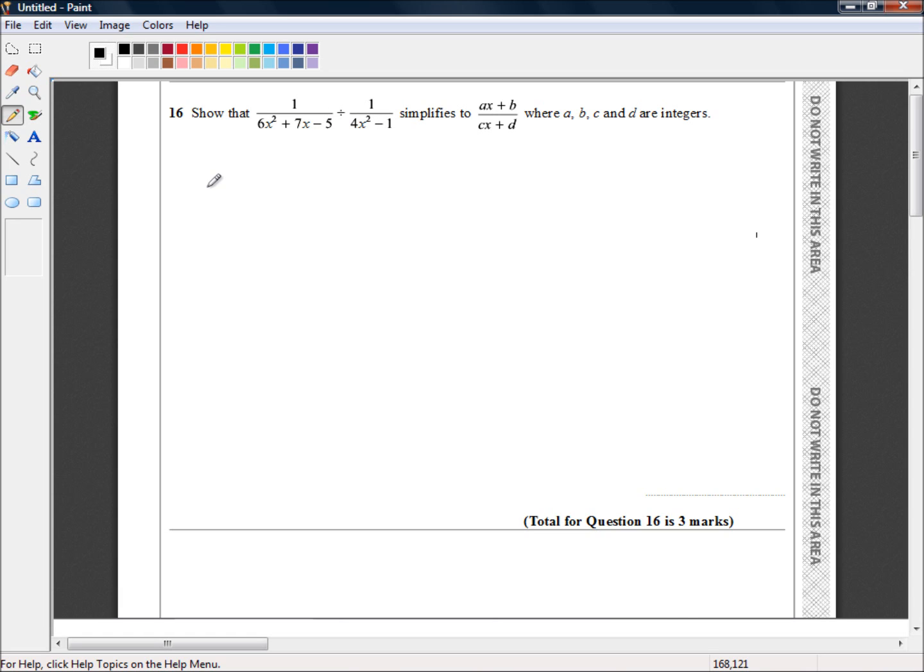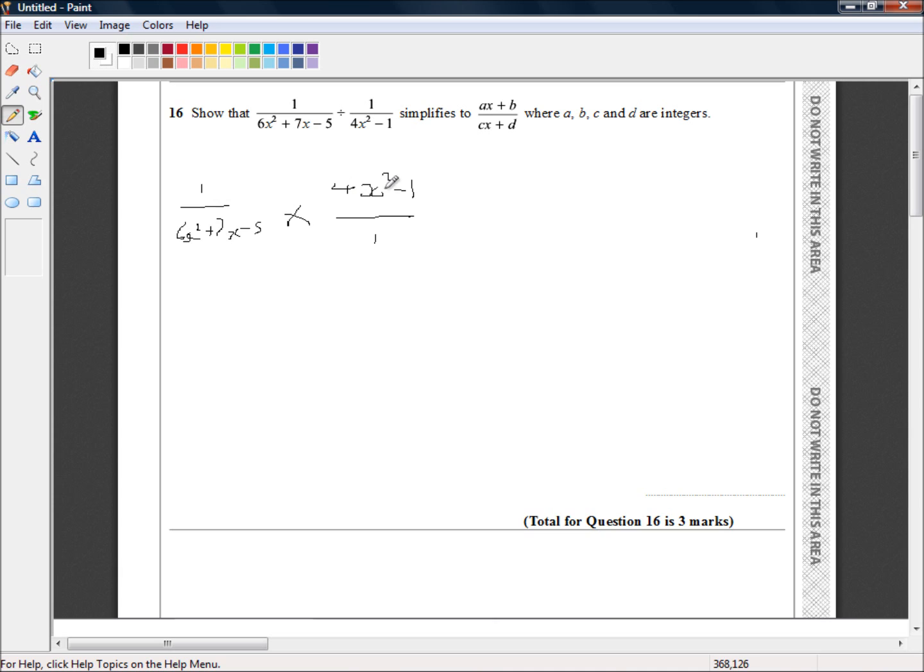So this is going to be 1 over 6x squared plus 7x minus 5 multiplied by 4x squared minus 1 over 1. So to multiply fractions, we just multiply the numerators and multiply the denominators.